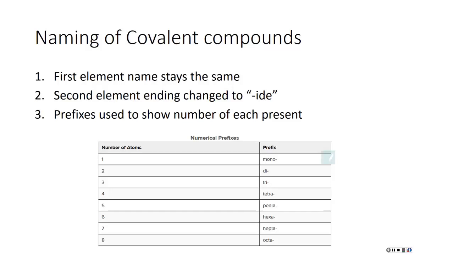Now, when we go to name these, the first two rules should look very familiar. They're the same as naming of ionic compounds. So the first element in each of them is going to stay the same. So here, this is going to be carbon. Over here on this one, it's going to be hydrogen. Over here, it's going to be silicon. And over here, it's going to be nitrogen.